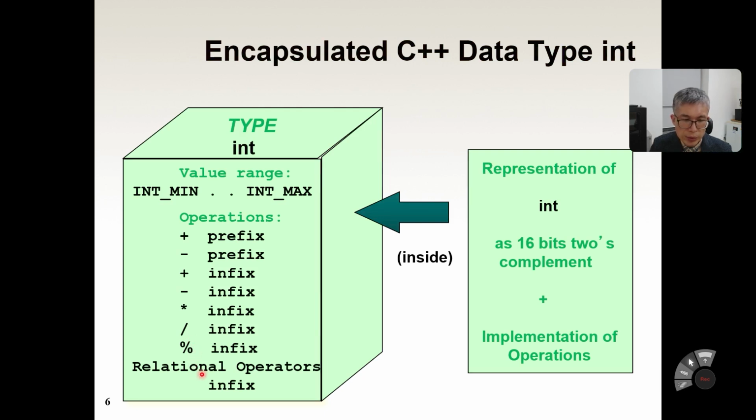And also relational operators, such as greater, less, equal, something like that. Those integers are represented in the computer using 16-bit 2's complement in the binary number system. And the operations can be implemented at the machine level using machine code or assembly code.